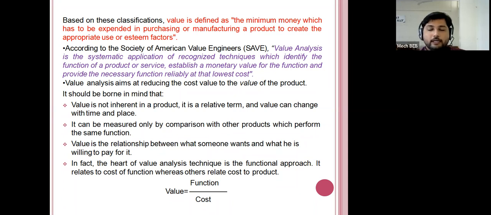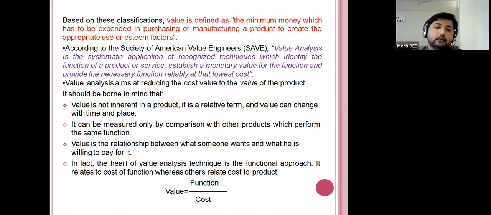So we can understand the value concept by comparison. Okay, and the value is the relationship between what someone wants and what he is willing to pay for it. Okay, आप क्या चाहते हो और उसके लिए कितना पे करना चाहते हो? So depending upon that thing, the value concept is invented.